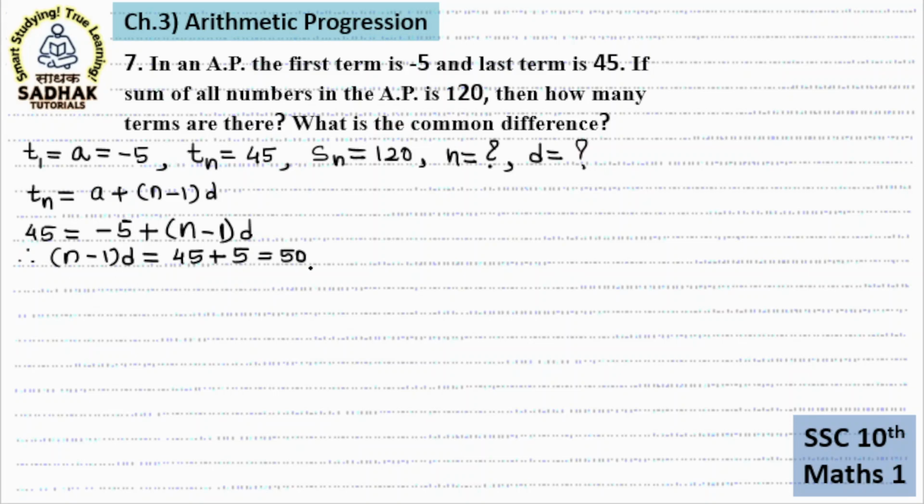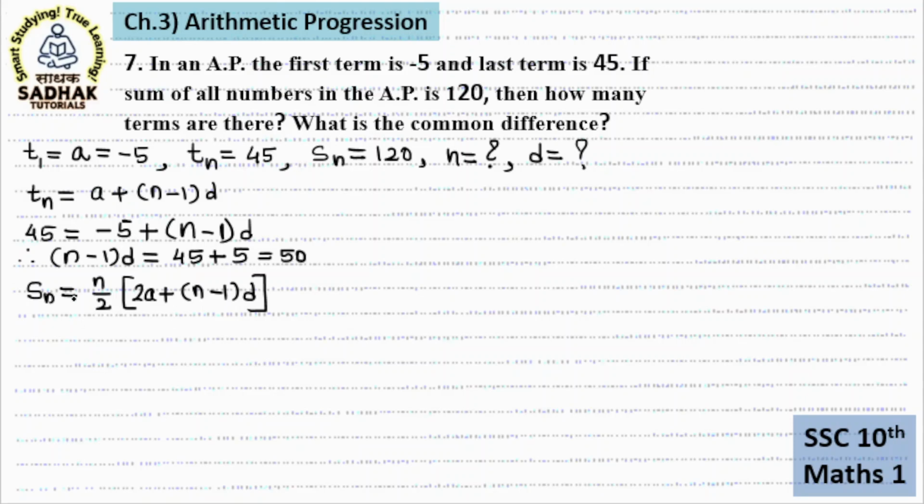Now can we simplify this further? No. So we will leave this as it is and now use the other information that is given. Sn is equal to 120. We know the formula for Sn is n upon 2 times (2a plus (n minus 1)d). Here we can see (n minus 1)d, and that is what we have got here, right? (n minus 1)d is equal to 50.